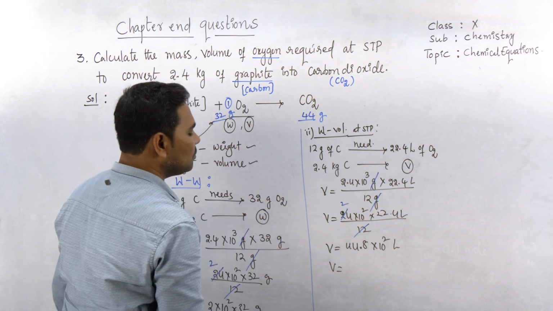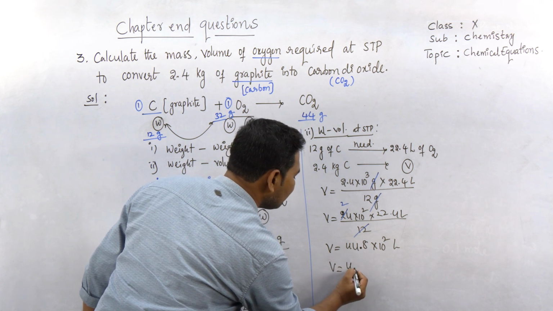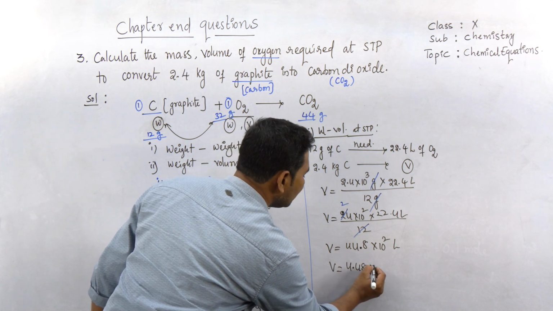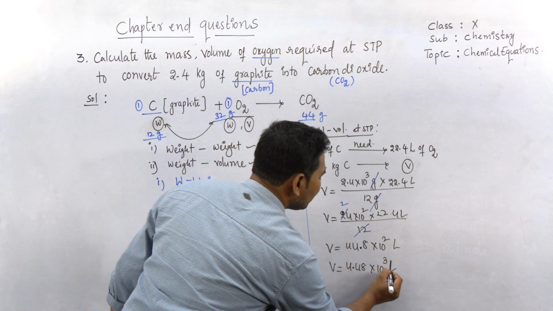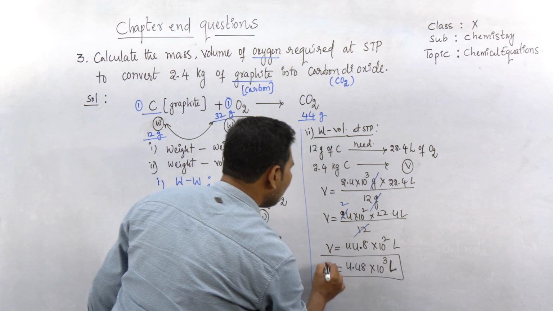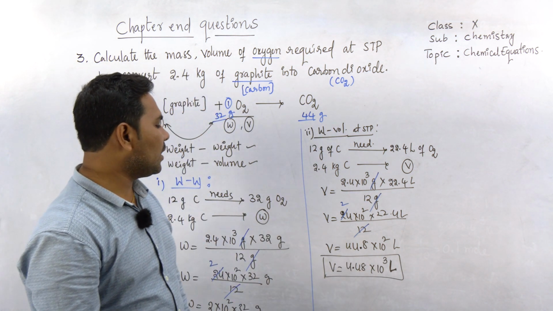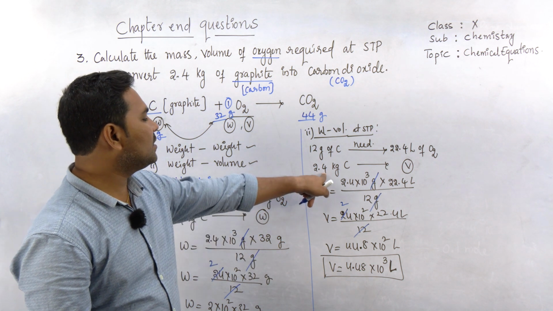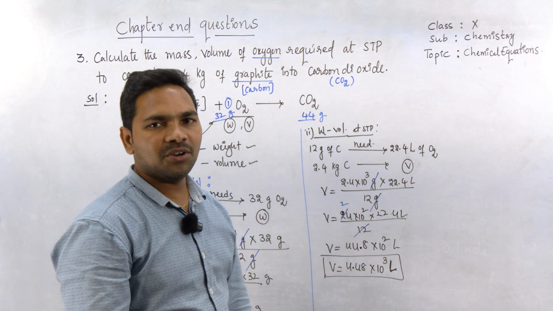If I move one digit to the left, V is 4.48 into 10 to the power 3 liter. This is the volume of oxygen required to react completely with 2.4 kg of carbon to produce carbon dioxide gas.